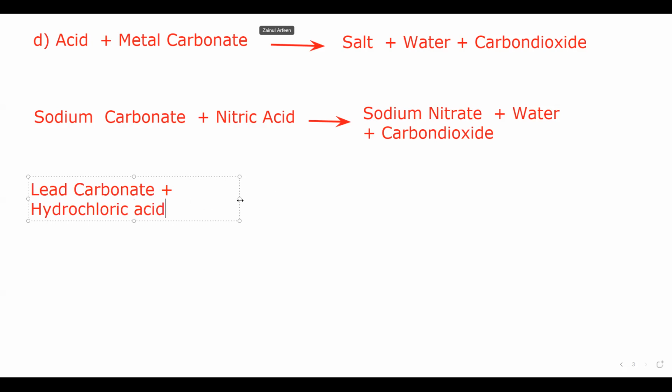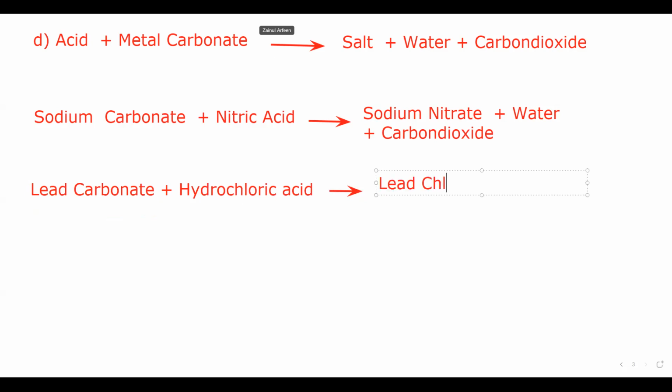So lead carbonate is there, that is mixed with hydrochloric acid. So it will produce lead chloride, because it's a hydrochloric acid, that will result in a formation of lead chloride plus water plus carbon dioxide.